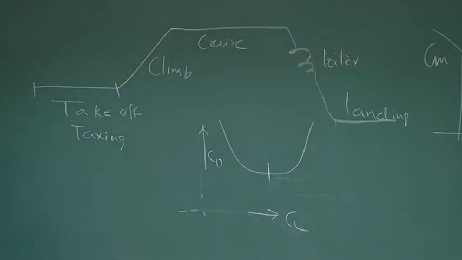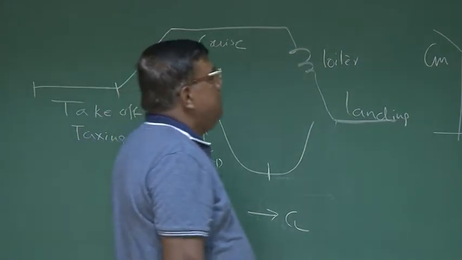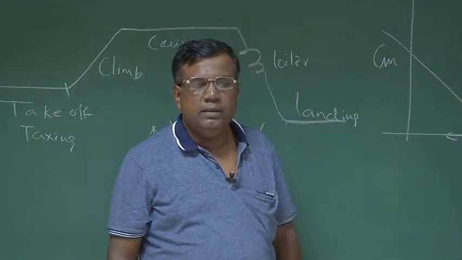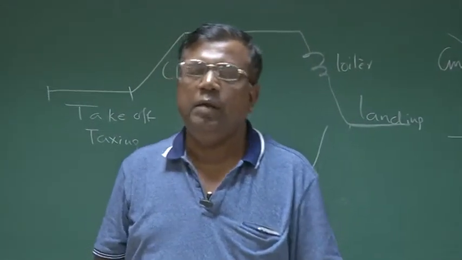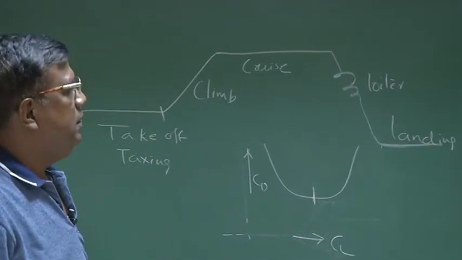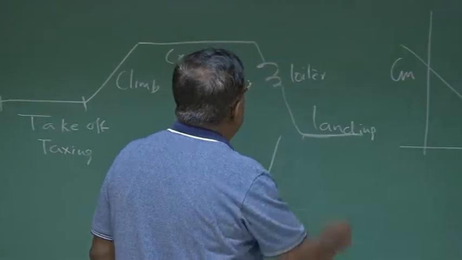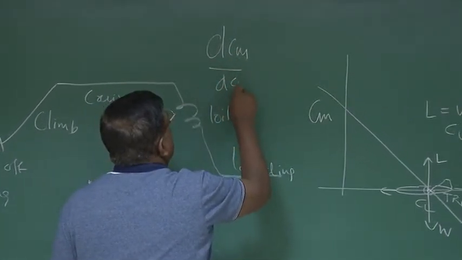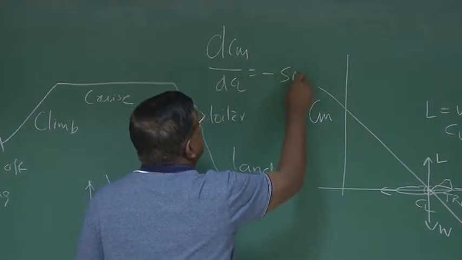Also, we know by now that mostly these transport airplanes are designed for a static margin, could be between 5 to 10% or 5 to 15%. So I also know that dCM by dCL is nothing but minus static margin.